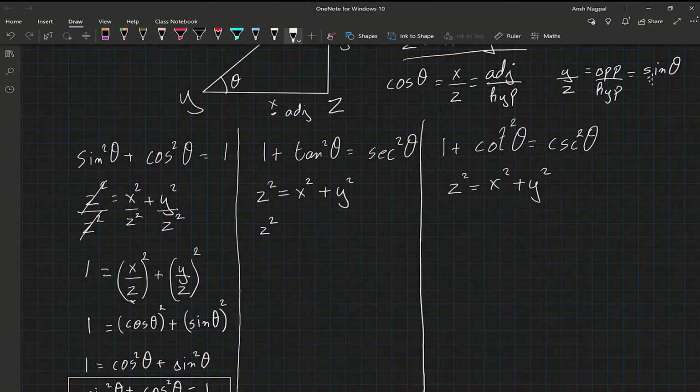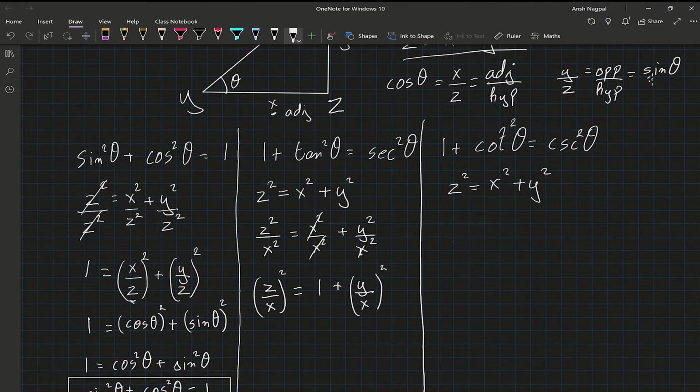So z square is divided by x square, x square is divided by x square, and y square is divided by x square. Now, of course, x square over x square would cancel out and give us 1. Z square over x square can be written as z over x whole square, and y square over x square can be written as y over x whole square.